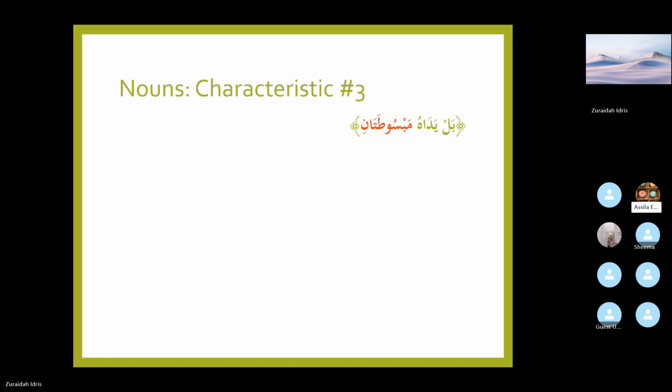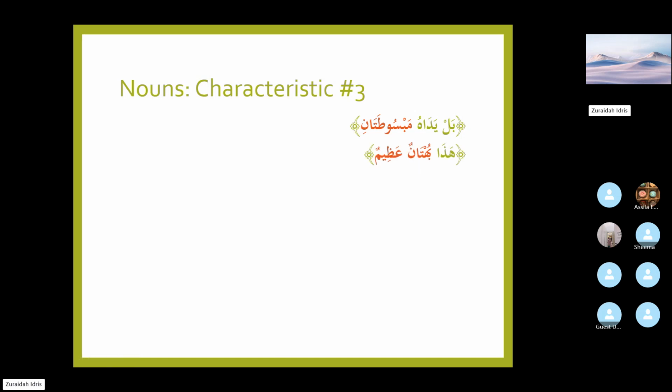But to make it dual, I have to put alif nun. Is it? Or am I wrong? Okay, that's a good one. Remember, the alif was the sign of rafa, and the nun was just heaviness, right? Oh, so there's a ta there. Sorry. So it is feminine. Alhamdulillah.